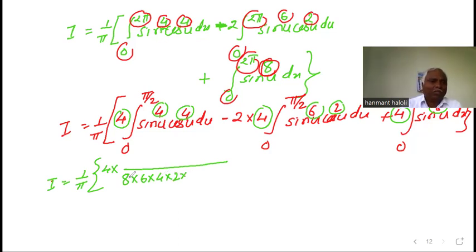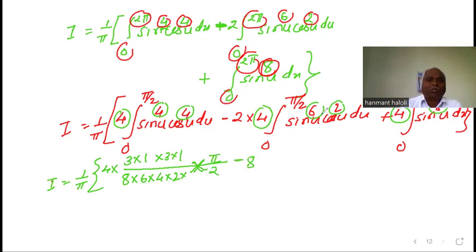In the numerator we get 4 minus 1, 3, 3 minus 2, 1. Again similarly 4 minus 1, 3 into 1. Both are even numbers, therefore it must be pi by 2, minus 8 times.